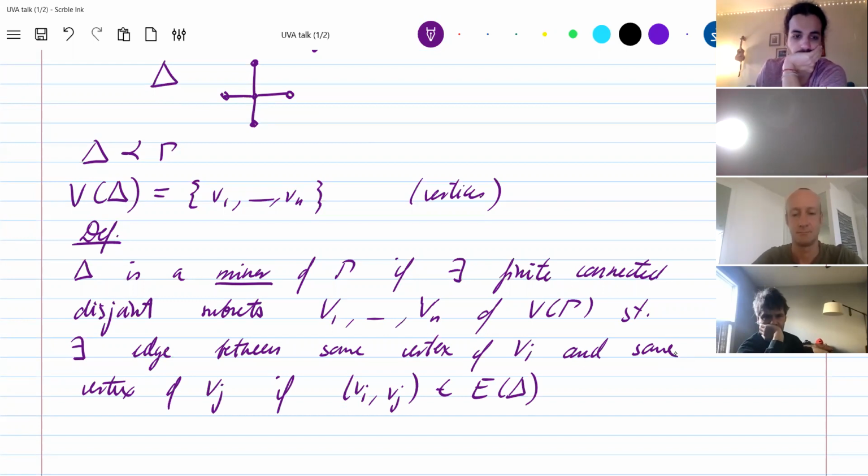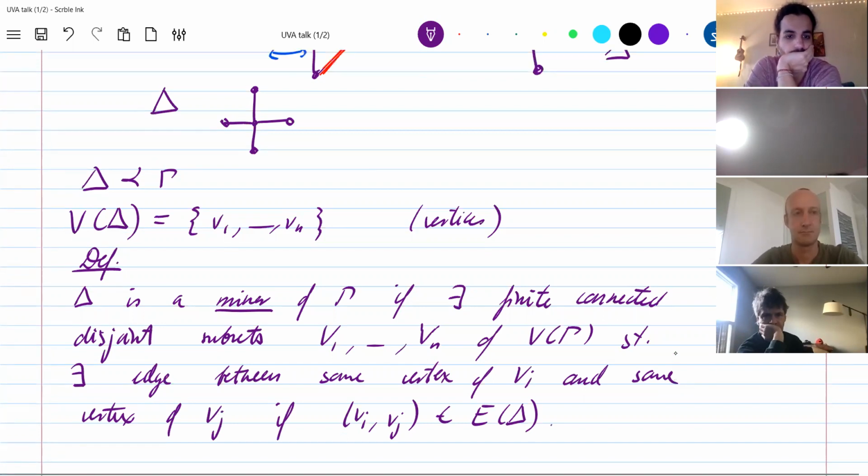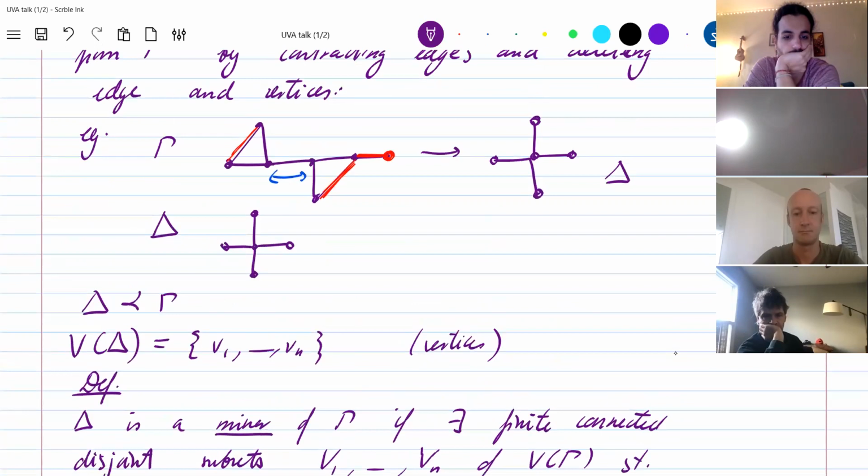In other words, maybe I can show you on this example. So the branch sets here, these sets vi, would be this one, this one, this one, this one, and this one. These would be the subsets of the vertex set of gamma which correspond to how the vertices of delta are connected.